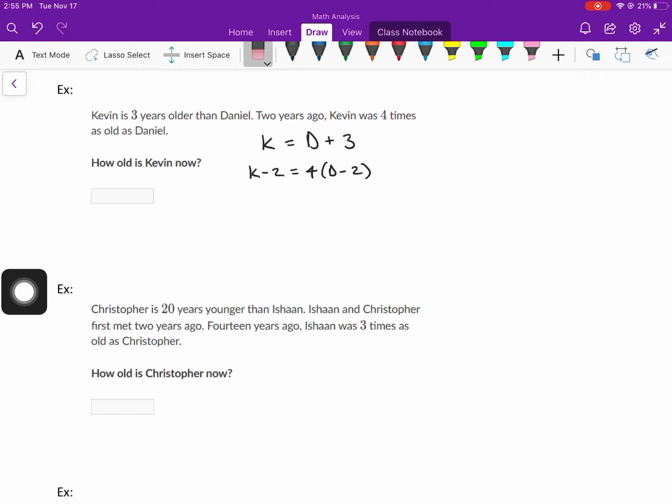So what I'm going to do is take Kevin and change it to y, just because Desmos isn't going to like those other variables, and then change Daniel to an x.